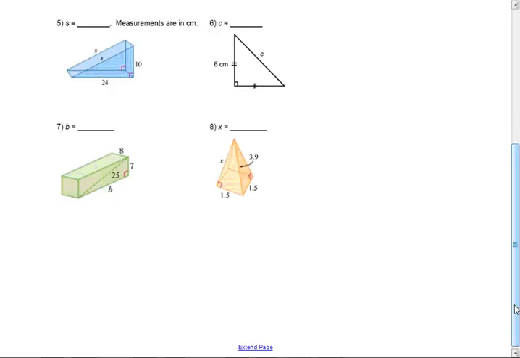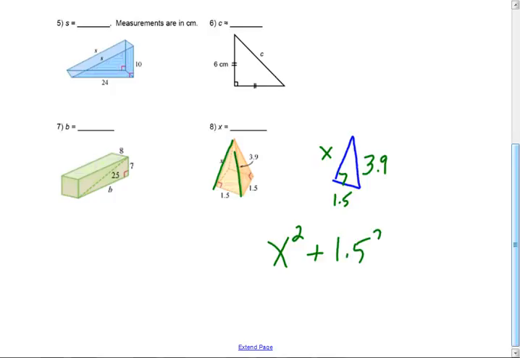So do we write, this is a right angle, so it's a right triangle. I'm going to pull it out. This side here is 1.5. This side is x. This side is 3.9. So you're going to have to use your calculator. X squared plus 1.5 squared equals 3.9 squared.